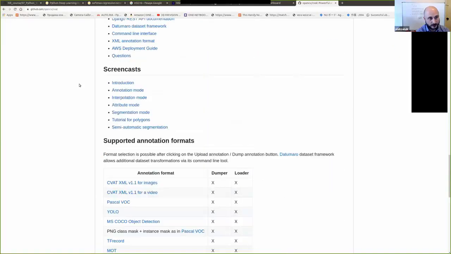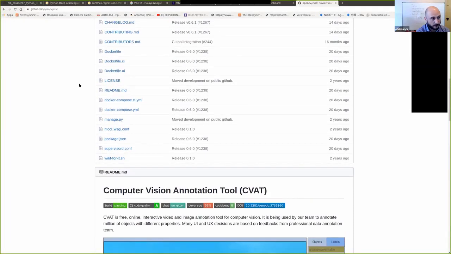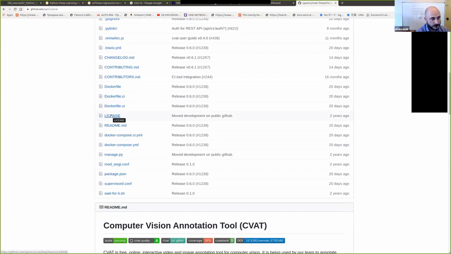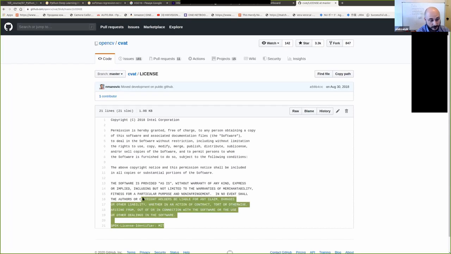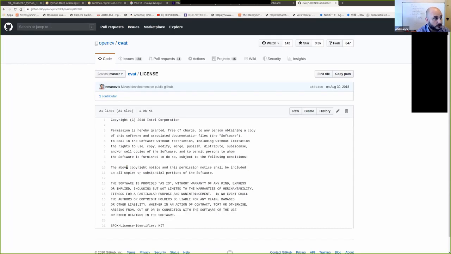It is available on GitHub for free. It has an MIT license. You can use it for your needs, and you can even modify it and reuse it. You cannot embed this solution inside a commercial product, but if you just use it, it is possible to do it for business for free.